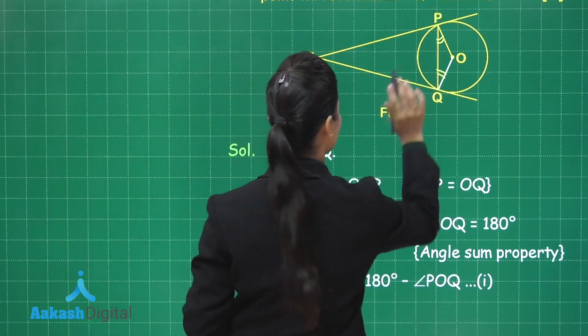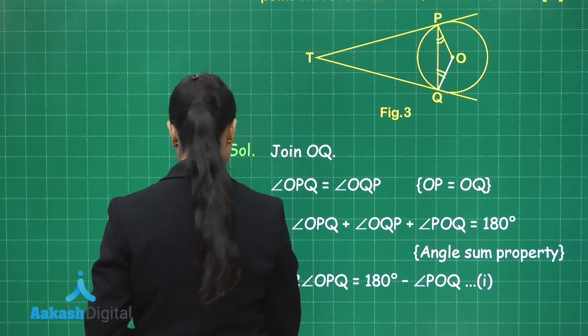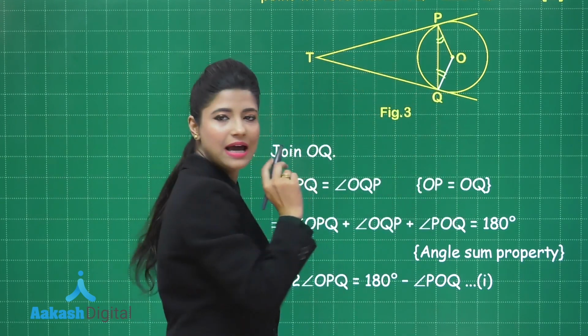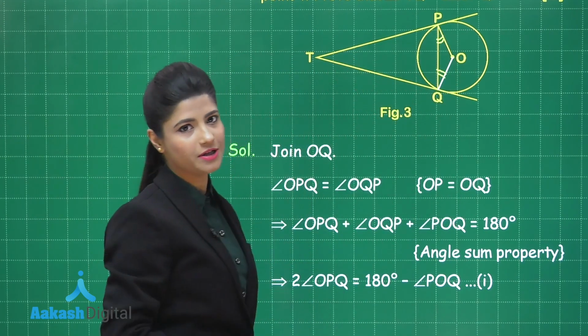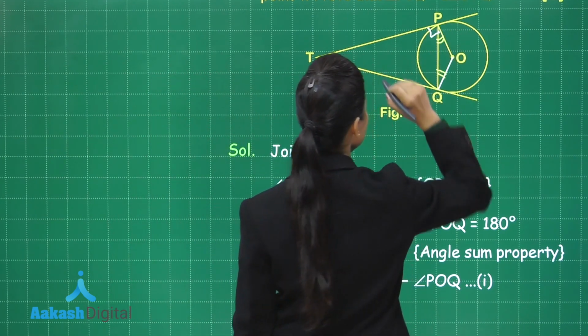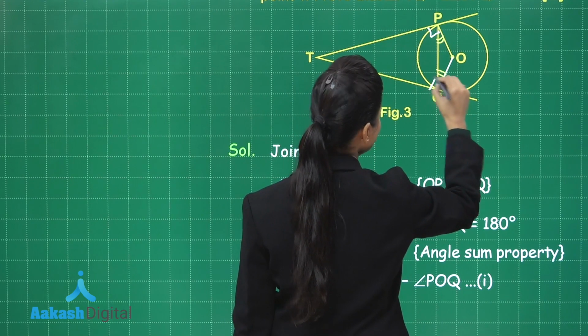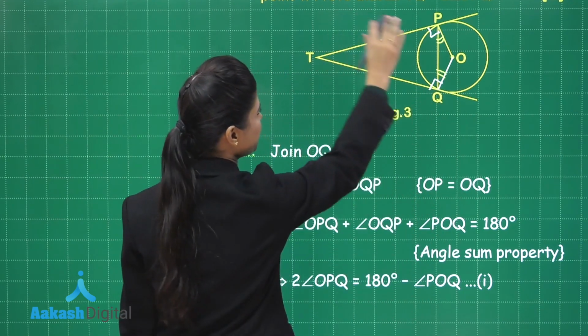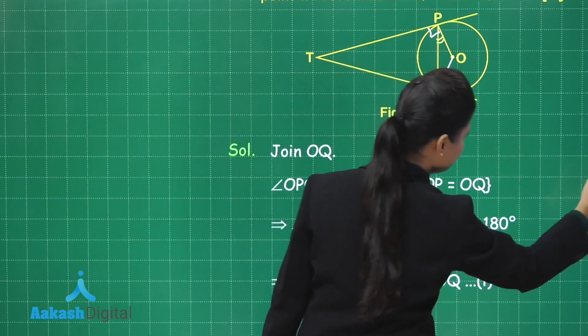Next, let's come to this figure again. Here you can clearly observe that OP and OQ are radii to the tangent, and radius is always perpendicular to the tangent at the point of contact. So I'll definitely get angle TPO and angle TQO equal to 90 degrees. Let's take the angle sum property in this quadrilateral TPOQ.